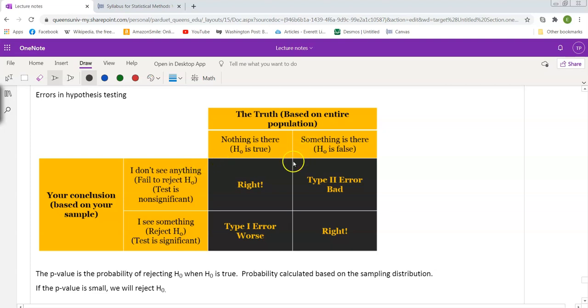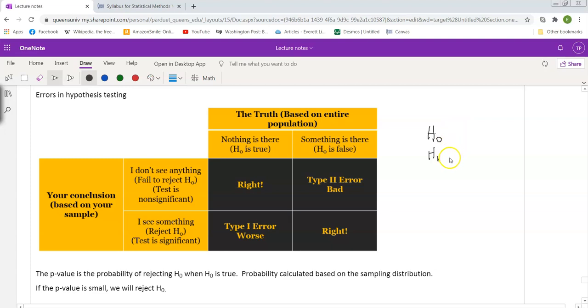And in reality, H0 could be true or H0 could be false. If H0 is actually true, we hope that we fail to reject H0. Okay, I'm going to write these out here because it helps me to be able to point at them.